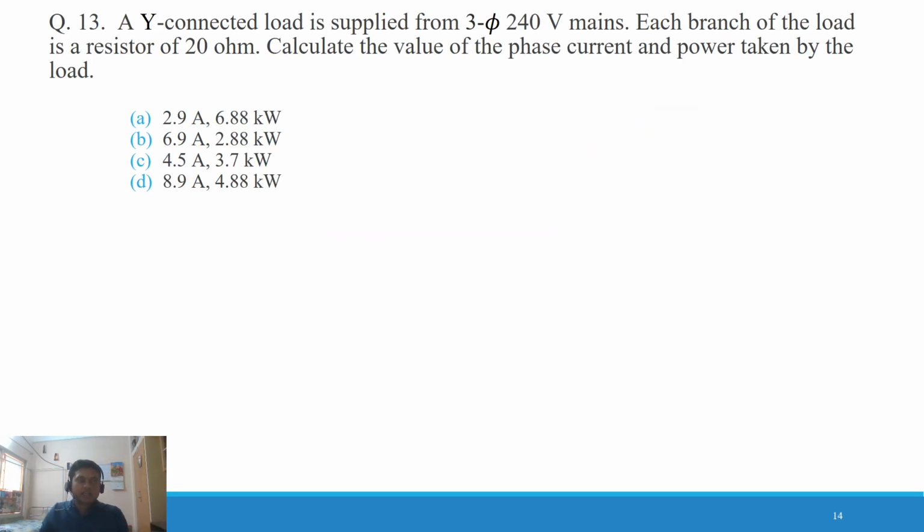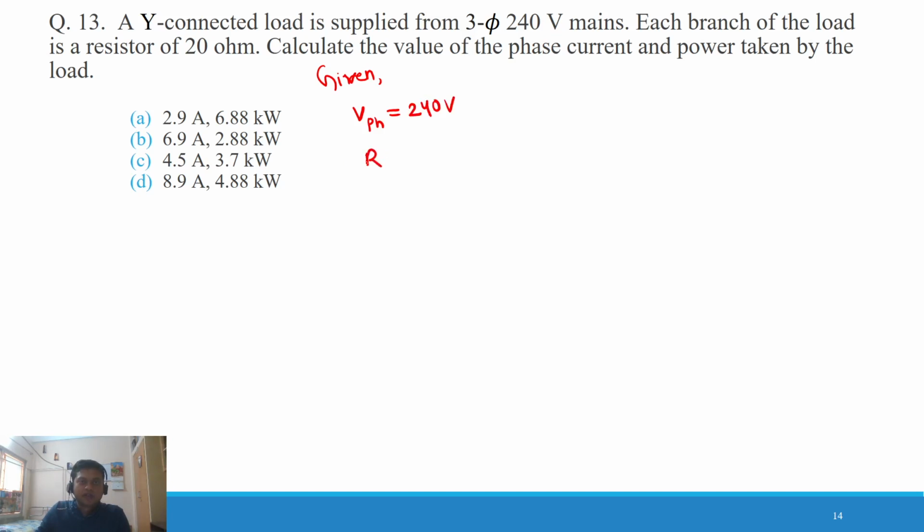Next question is a star connected load supplied from three phase 240 volt, where each branch of the load is a resistor of 20 ohm. Calculate the value of phase current and power taken by the load. So what are the given values? V phase magnitude is given as 240 volt and each branch of the load is a resistor of 20 ohm.